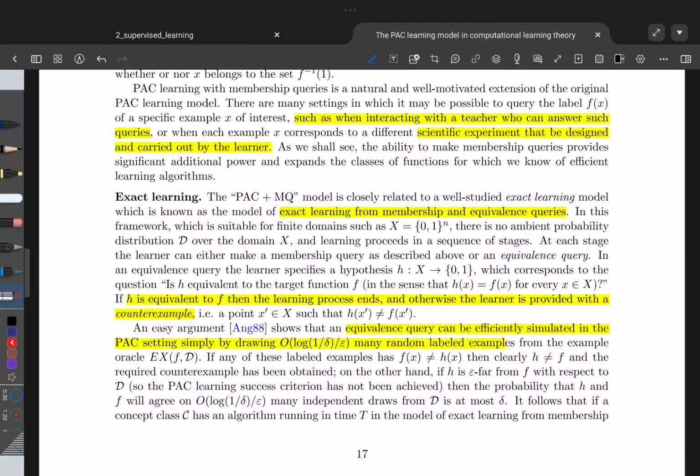So in this context, unlike the standard PAC learning framework that we've seen previously, where achieving zero probability of error may be impossible using a finite number of samples, because there's a possibility that you never see the entire space in m samples for any m.